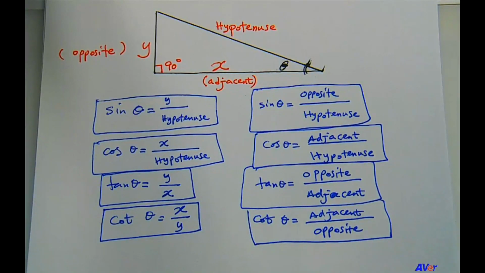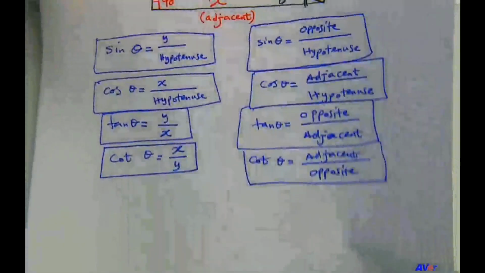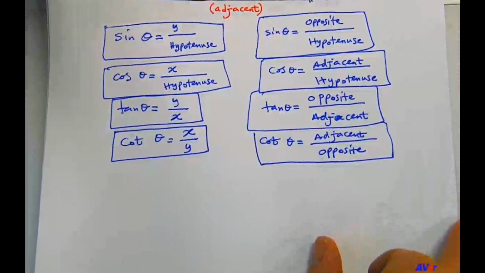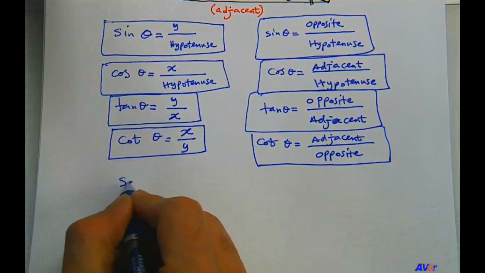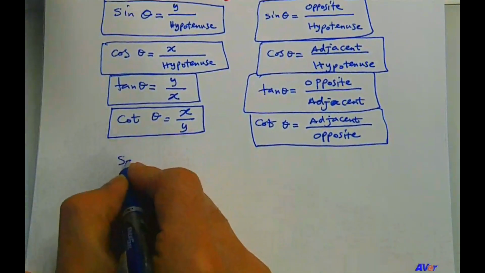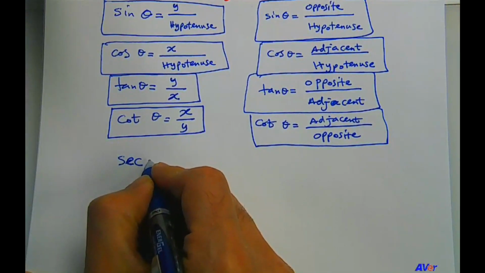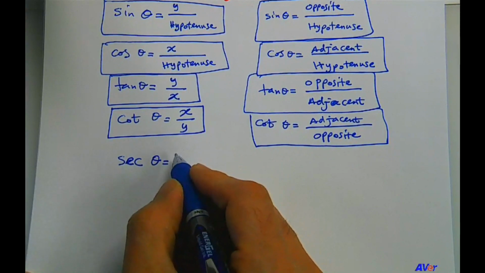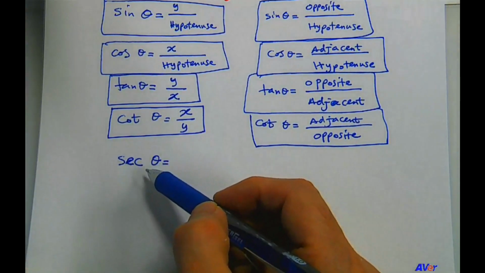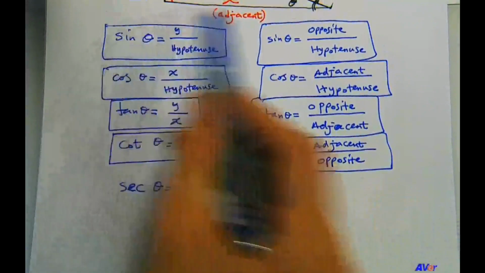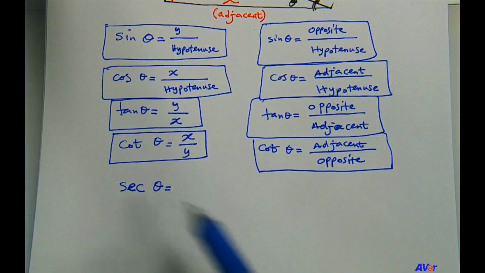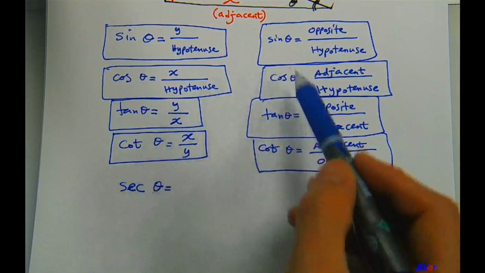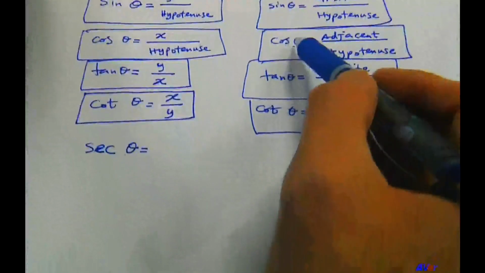Okay, so let's write the last two functions, which are the secant and the cosecant functions. For the secant of theta, remember the connection between the secant function and one of these other functions? The secant is the reciprocal of the cosine function.